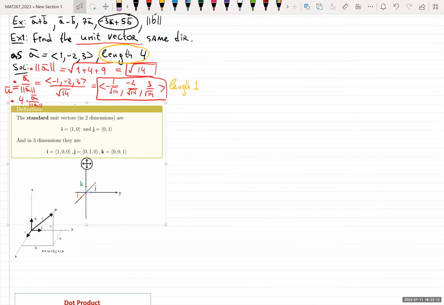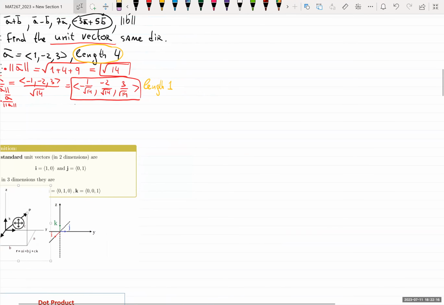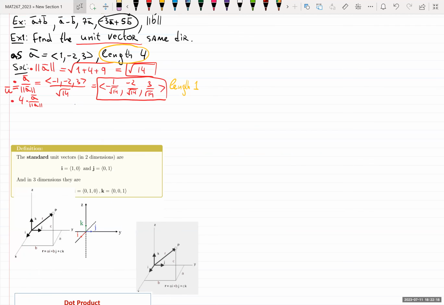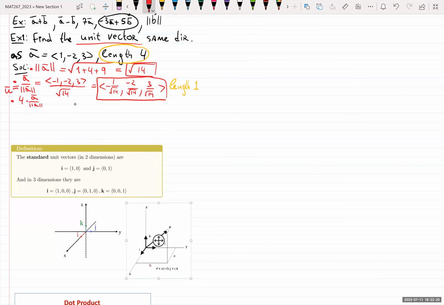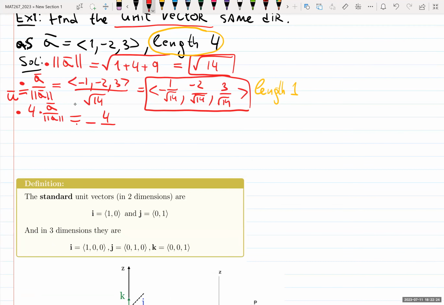And the answer is here. Whatever I just had, multiplied by 4. So -4 over square root of 14, minus 8 over square root of 14, 4 times 3 is 12 over square root of 14.